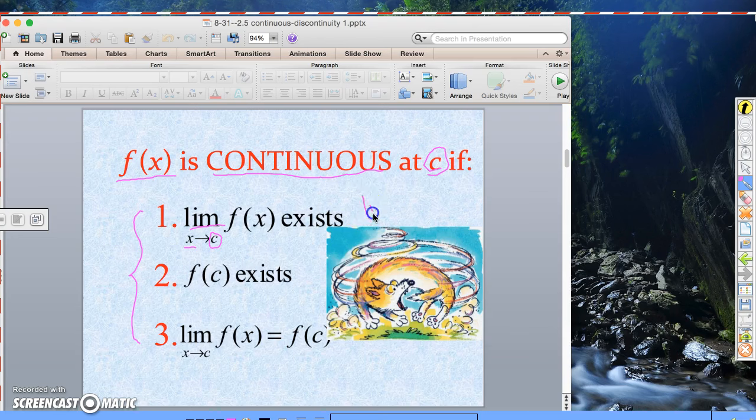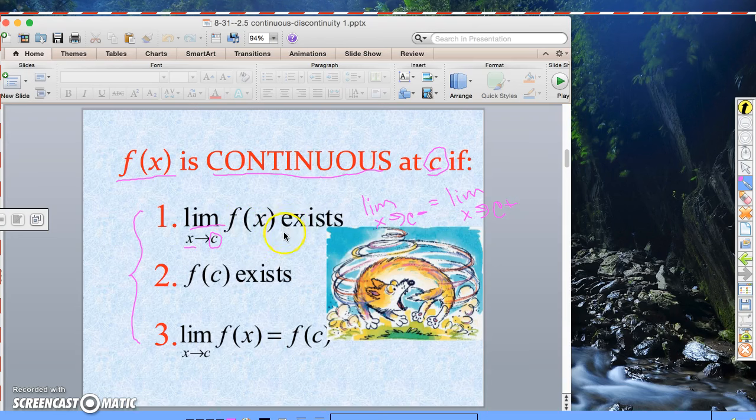This means that the limit as x approaches the constant from the left is equal to the limit as x approaches the constant from the right. So if the left and the right approach the same output at C, the constant in the domain, then the limit exists.